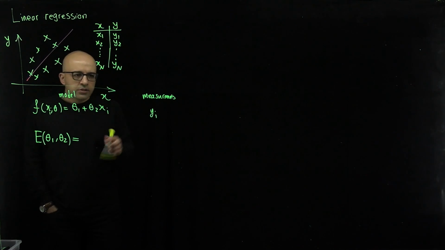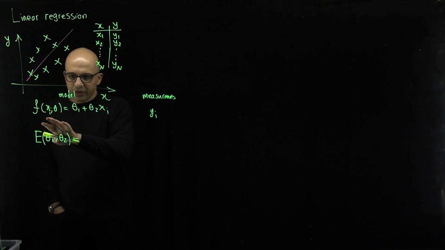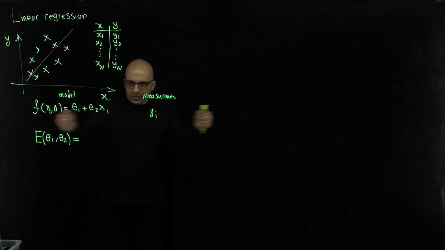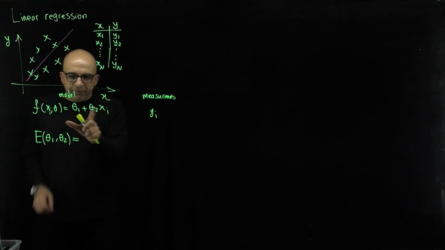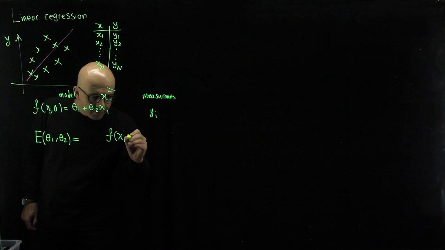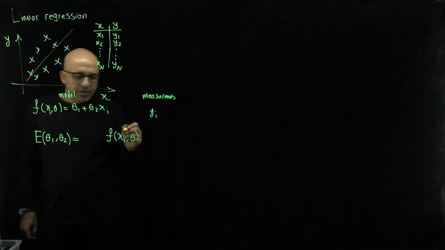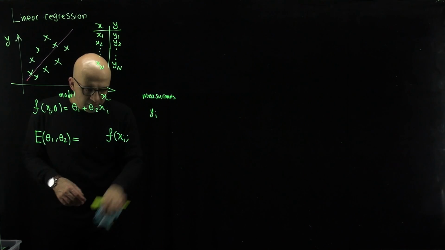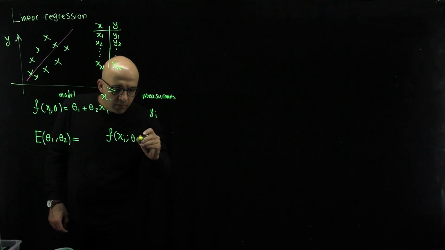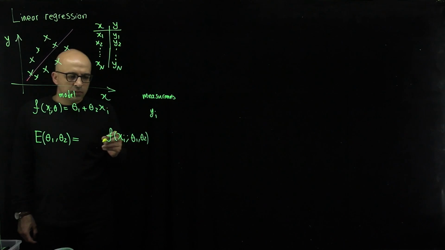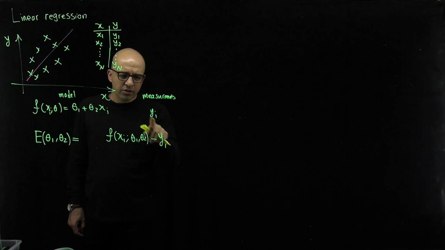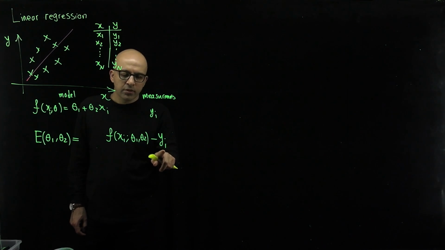And so the difference between what the model predicts and the measurement is one good way to measure error, just the distance between these two values. So if you evaluate the model at xi for a set of parameters theta1 and theta2, and maybe I can write that explicitly, theta1 and theta2, and then subtract the prediction of the model, this would be the error at point xi.